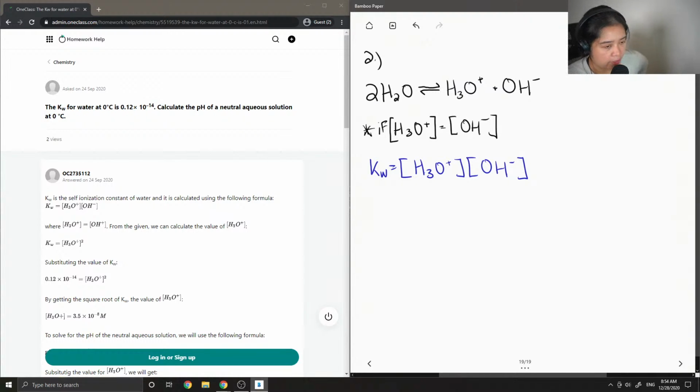Like I mentioned earlier, if those two values are the same, then we can rewrite this expression as Kw is equal to the concentration of H3O plus, squared.